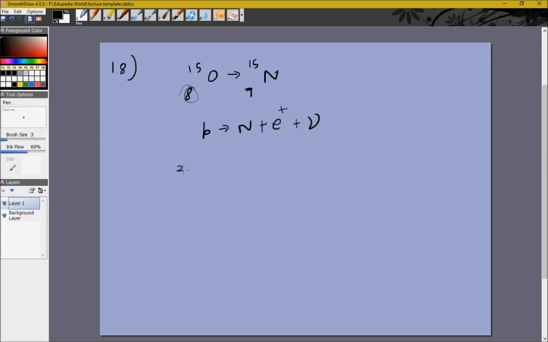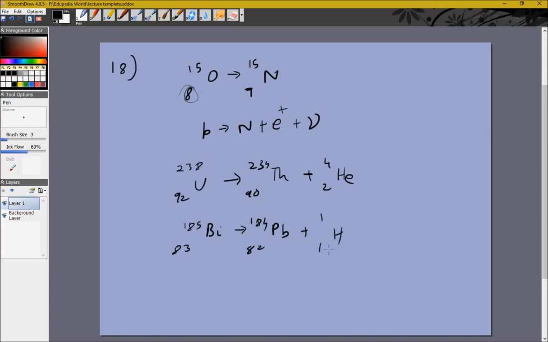Then you have 238 92 U goes to 234 90 Th, and obviously it has to be added with 4 2 He, an alpha particle. Right. Then you have 185 83 Bi goes to 184 82 Pb plus what is left? 1 and 1.